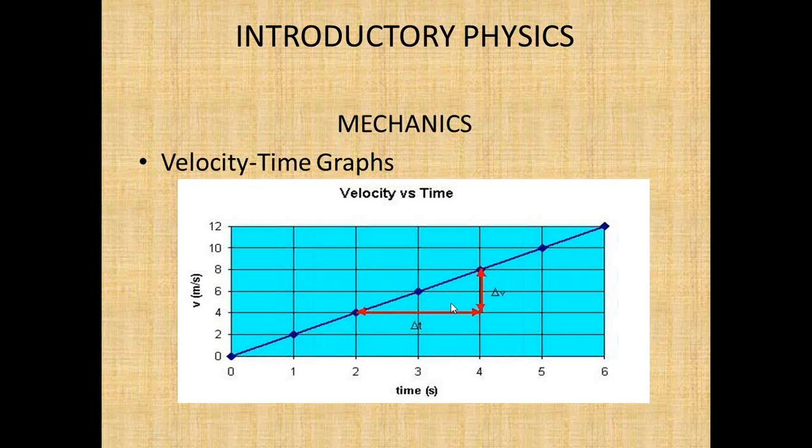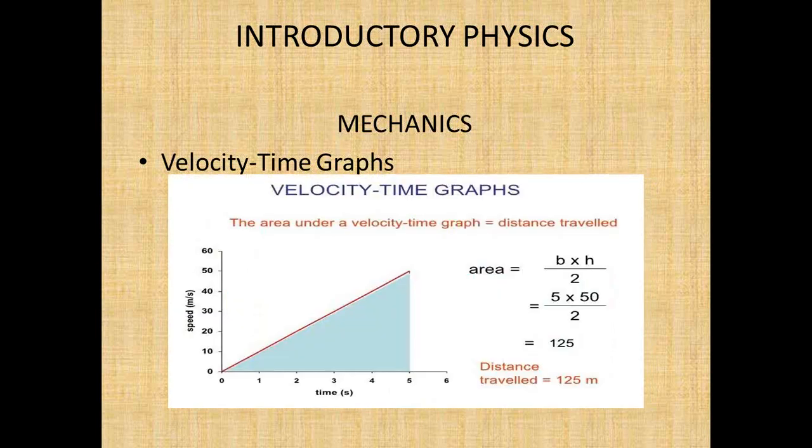So what is the area under this curve right here? Okay, remember, the area of a triangle is half the base times the height. So the area under the curve gives you displacement or distance. We're going to come back to that, but try and remember that. All right. So the area on the velocity time graph gives you distance traveled. So you have, this is velocity, this is time, okay?